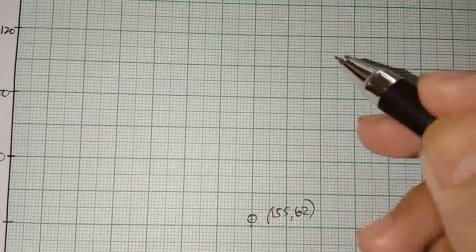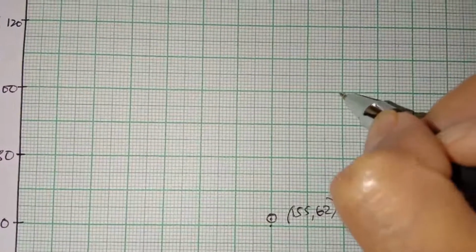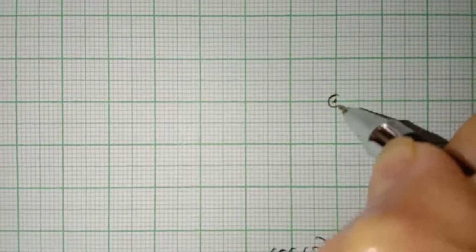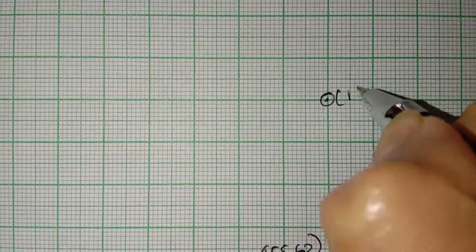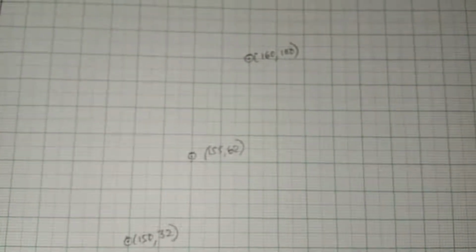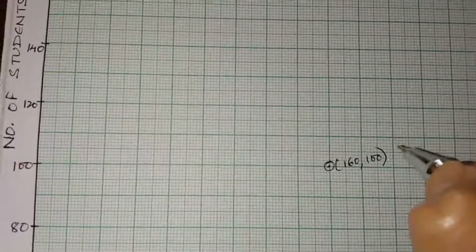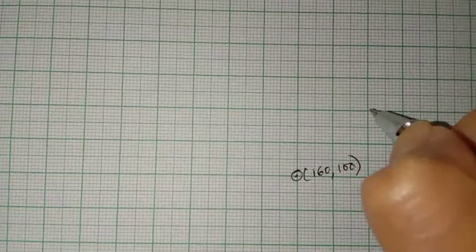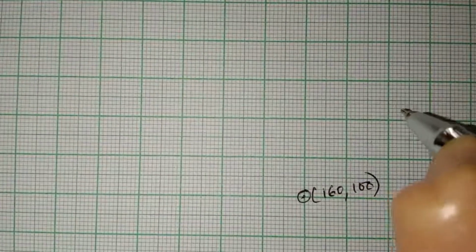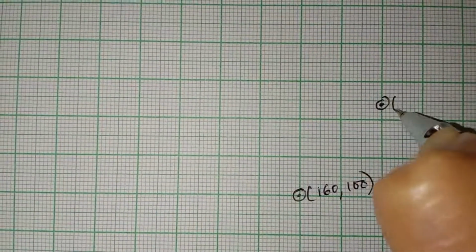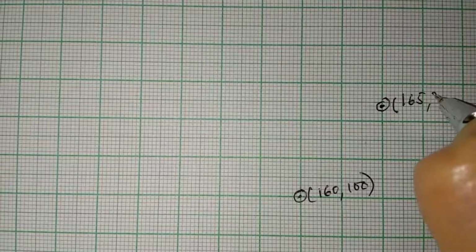Now next is 160 comma 100. Here is 100. This is 160 comma 100. Now next is our 165 comma 124. This is 120, this is 124. That is 165 comma 124. Now next is our 170 comma 140.